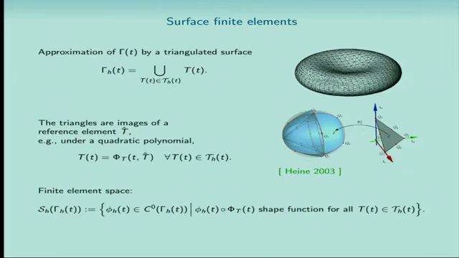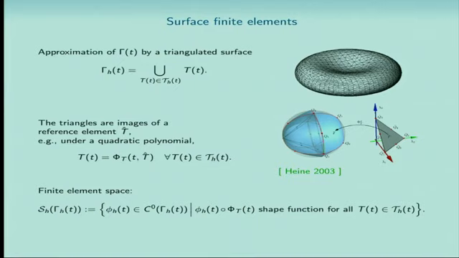Yeah, so what else do we have? We have some more structure. These triangles are the images of a reference element under some shape function, and I will consider linear functions and quadratic polynomials for this purpose. But in principle one can use a different type of shape functions as well. These shape functions are then also used to define a finite dimensional space by which we attempt to approximate quantities on the surface.